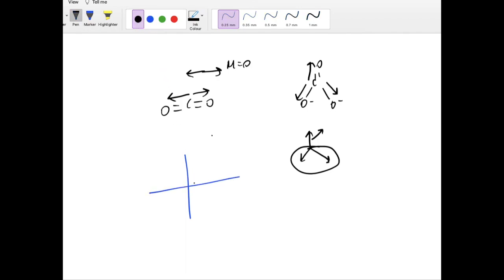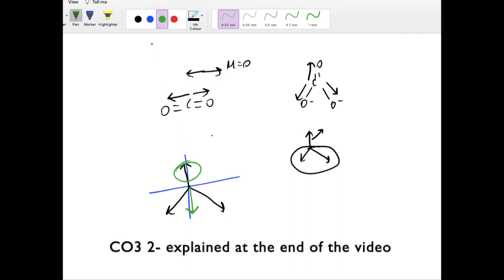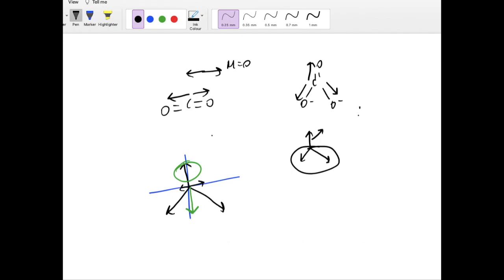That's the doubly bonded oxygen's vector, and this is the ionic oxygen's vector. The resultant of this vector, the green arrow, is equal to this black arrow, and the horizontal components obviously cancel out, and so the net dipole moment is equal to 0 for CO3 2 minus.